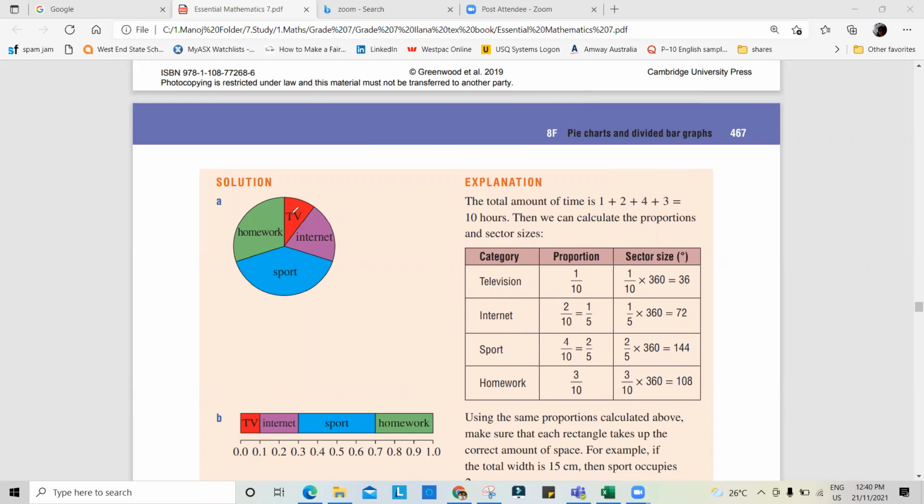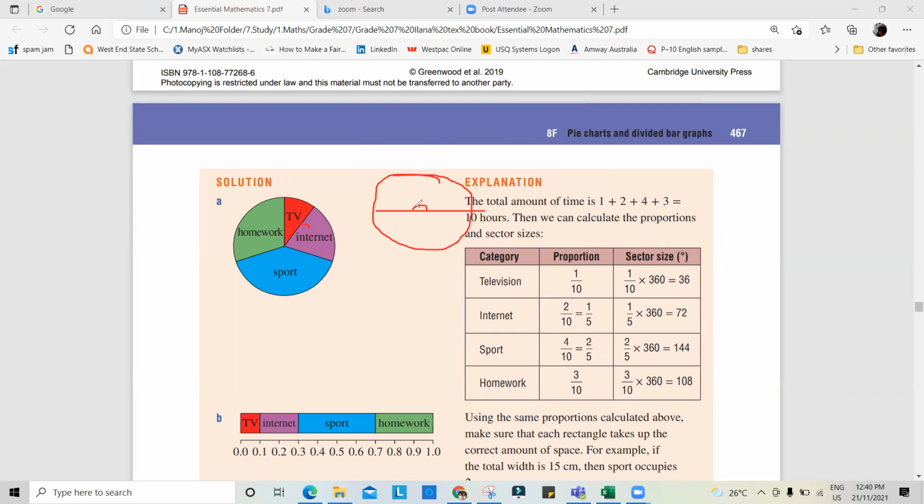Now, you have to add all the hours. Now, 1, 2, 3, 4. How much is the total hours? Then television, he watched 1 hour. If you're going to mark it, then you have to divide this whole circle into 10 portions. That means this is 180. Then it should be 5 pieces.